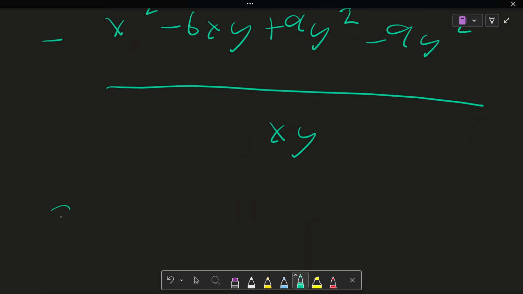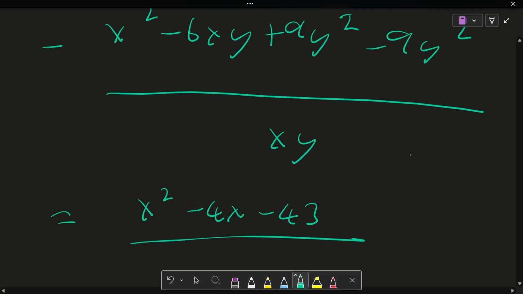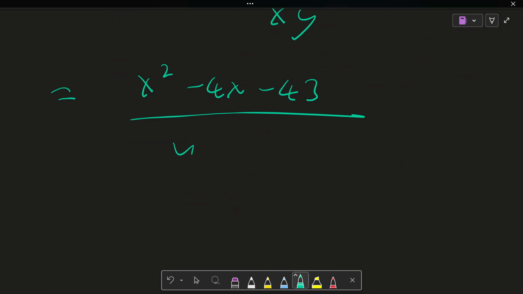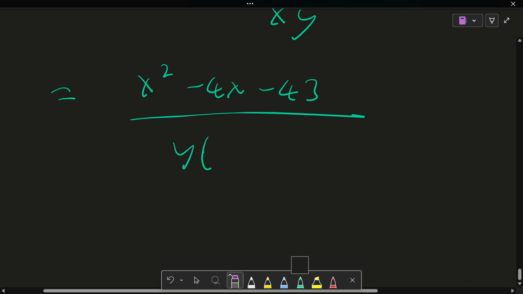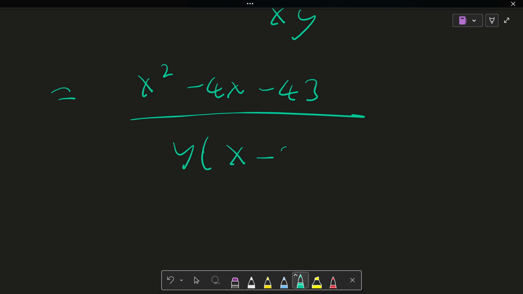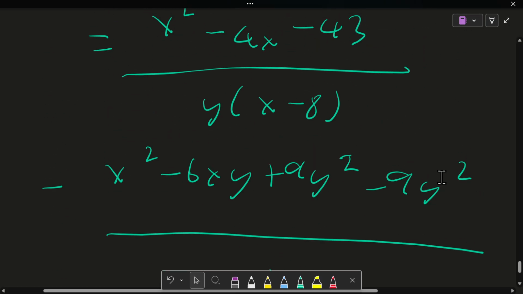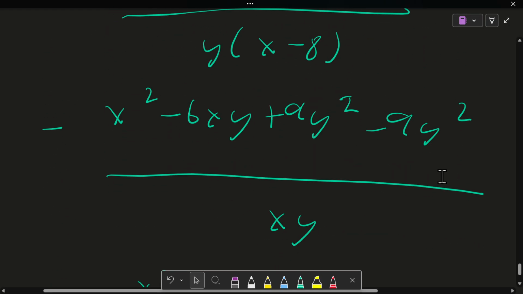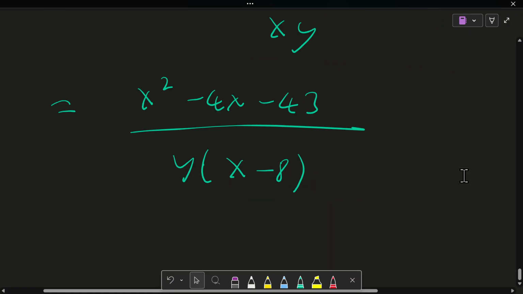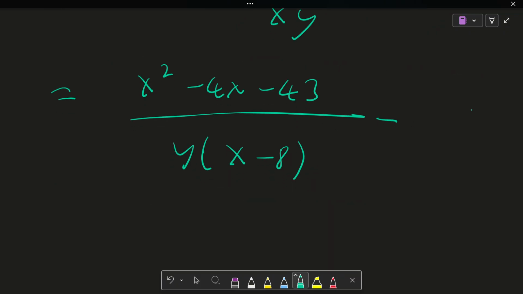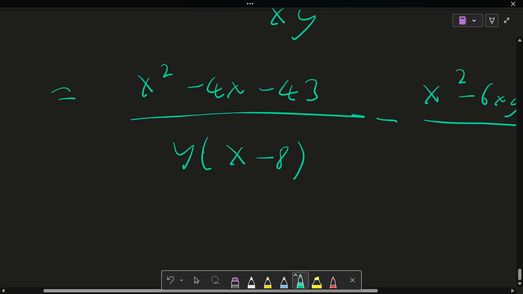Okay, so how do we simplify this? It becomes x squared minus 4x minus 43 over y times x minus 8, minus x squared minus 6xy over xy.